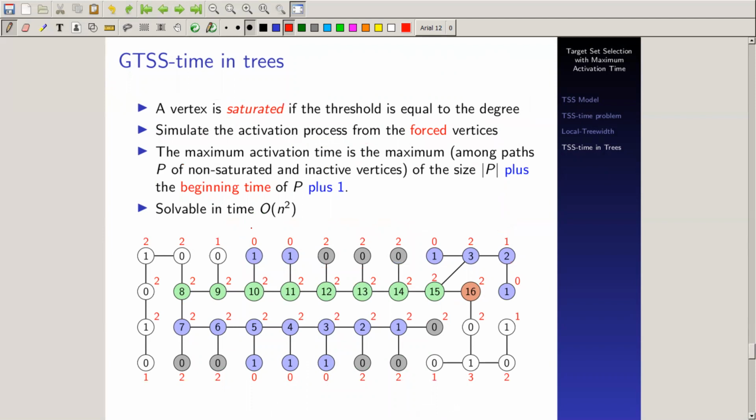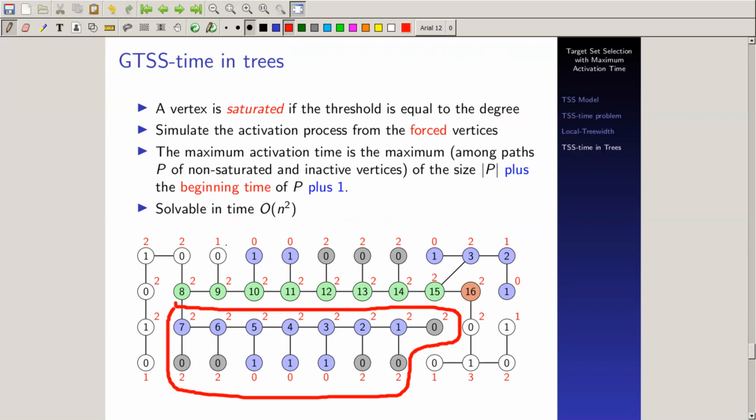The activation process ends and activates some vertices. For example, all these vertices are activated at the beginning with these forced vertices.